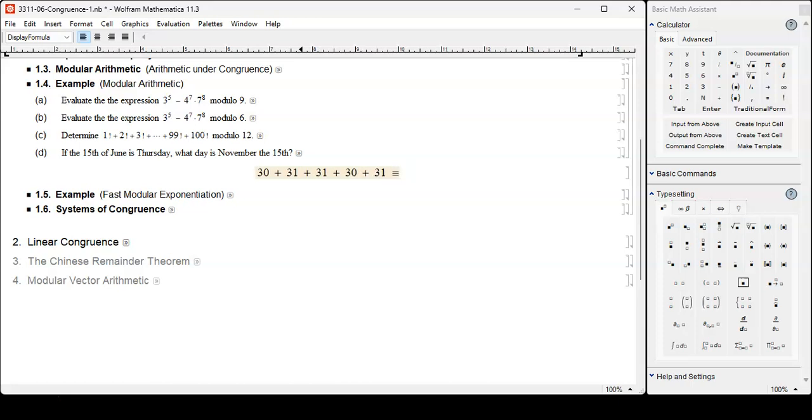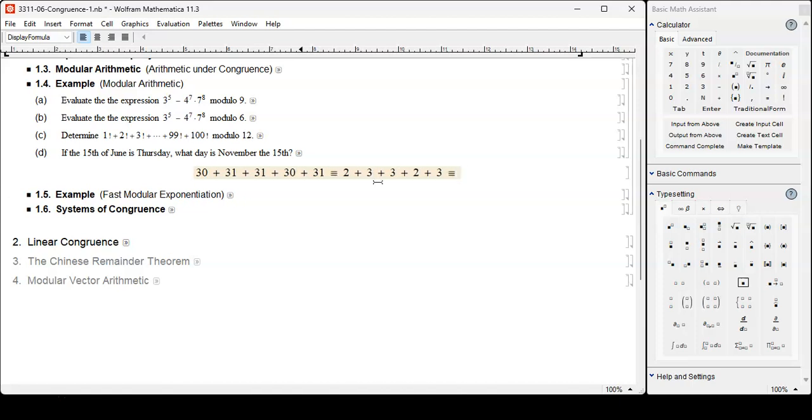Okay. And then you have to do a mod 7 operation. But then again, please recall that 28 is congruent to 0. So this is 2 plus 3 plus 3 plus 2 plus 3.